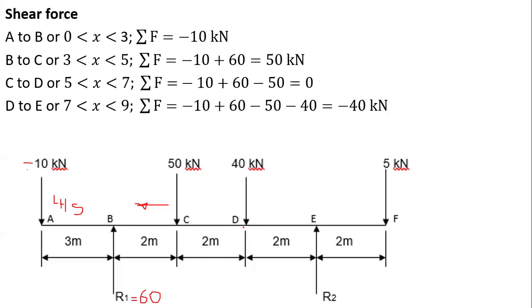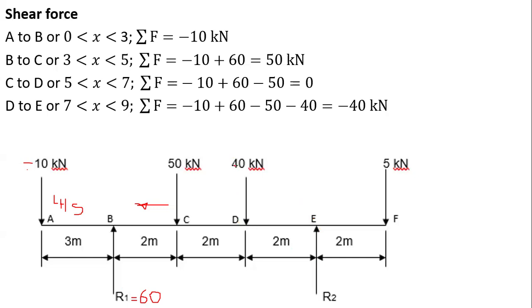Let me go the same way from D to E. Once again, I'm stepping here at point E. What is remaining on the left? What do I have on the left-hand side? There is only one new member, which is 10. The rest are replicated.